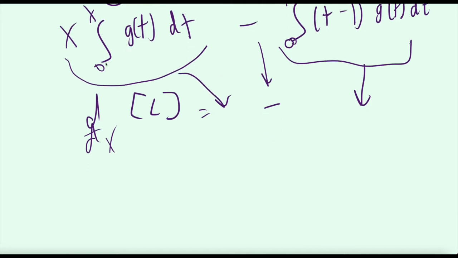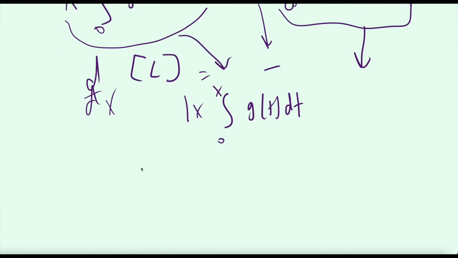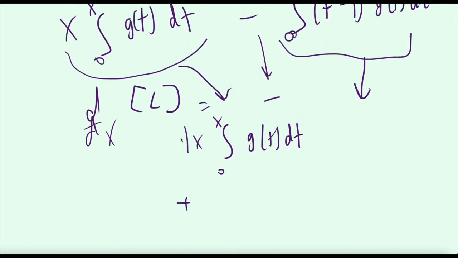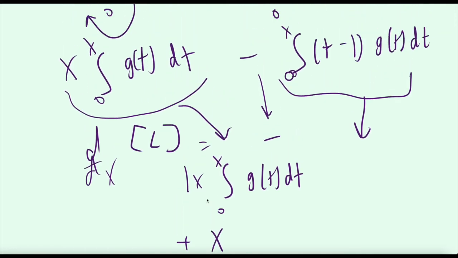So what is the derivative of the left part? Using the product rule, it is the derivative of x, which is 1, times integral from 0 to x of g(t) dt, plus x times the derivative of the integral of g(t) dt from 0 to x. Now that is the Feynman part.